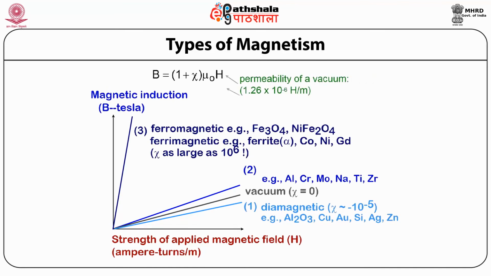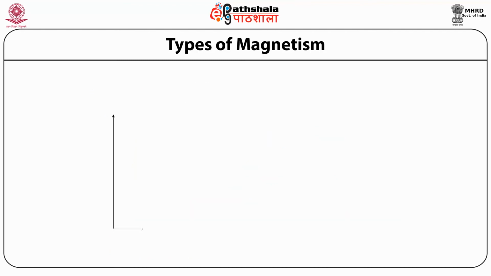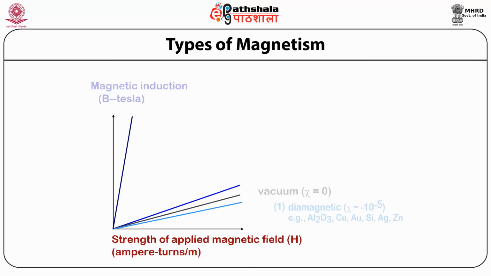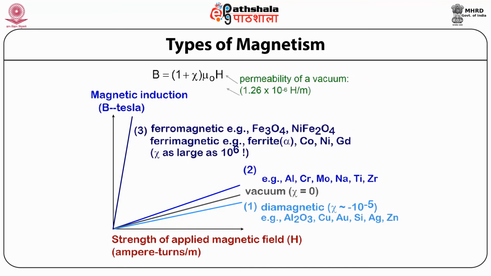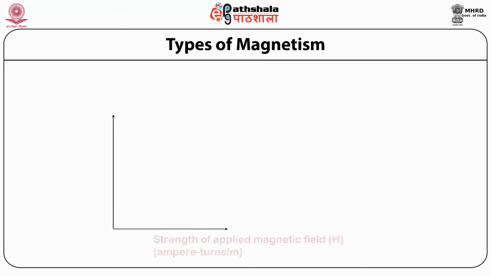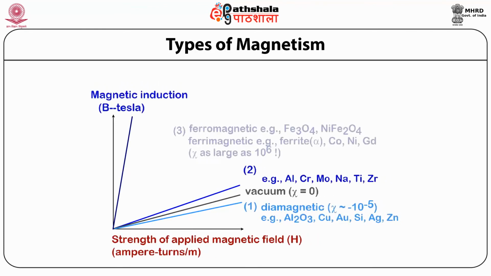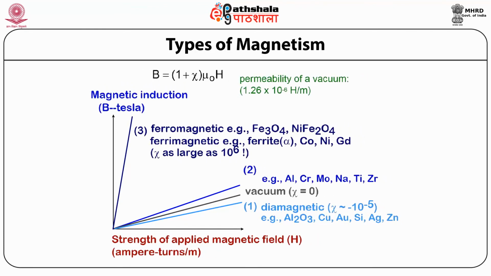However, there are cases where eta is very small, of the order of 10 to the power minus 5, and in this category the examples are diamagnetic materials like Al2O3, copper, etc. So the susceptibility values of some of the common materials are provided in this figure.